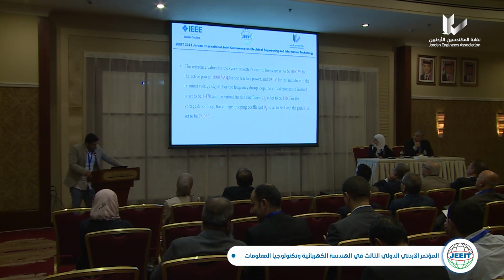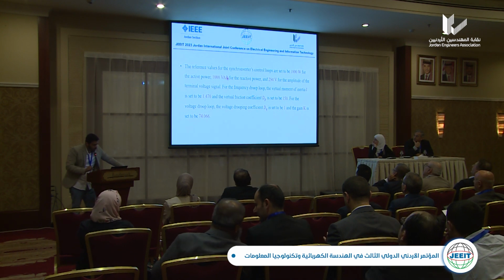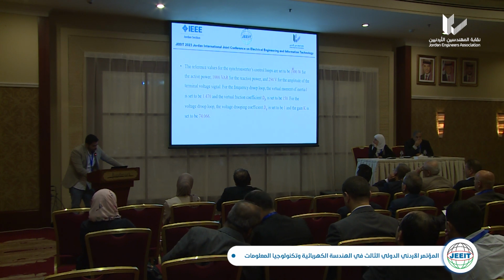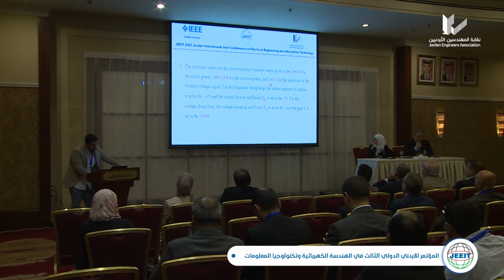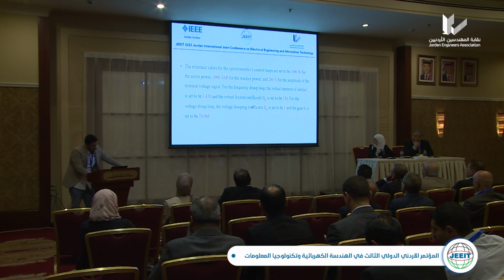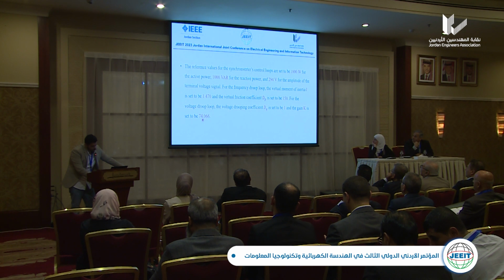Here are the values that we put in order to test whether the virtual synchronous generator is working or not. We put the reference active power 1000 watt, the reactive power 1000 var, the reference voltage 294 volt for the amplitude of the terminal voltage signal, and the virtual inertia 1.47, the active power drop term is 150, and DQ 1, and the gain K we put 74.06.